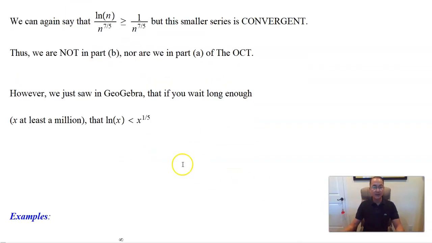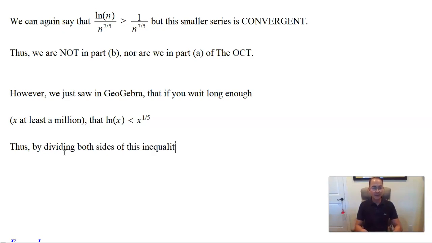Okay, and so thus, by dividing both sides of this inequality by n to the 7/5, which is in our denominator, we now get: take this and divide this by n to the 7/5, turn it into a fraction.